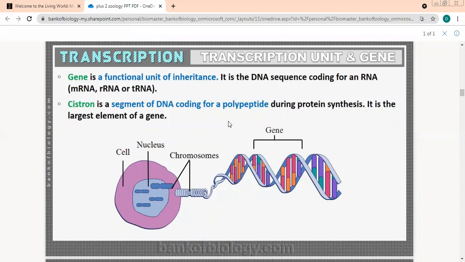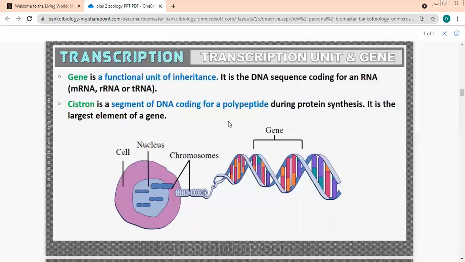Amino acids form a linear chain to form proteins. In an amino acid we have one amino group and one carboxylic group. When one amino acid binds with another, the carboxylic group of one binds with the amino group of the second. The bond made between the carboxylic and amino group is called a peptide bond.